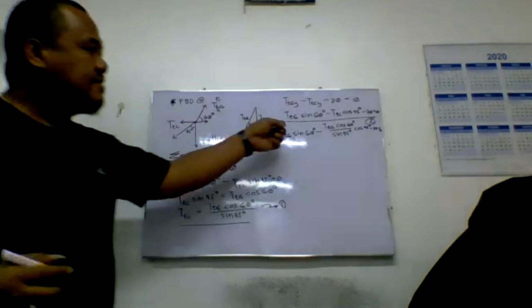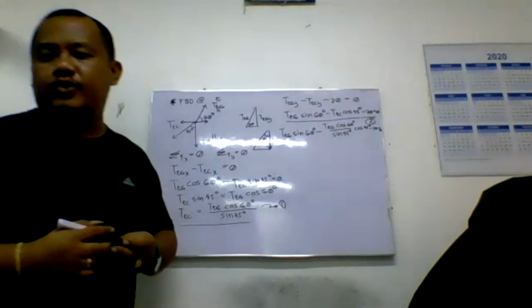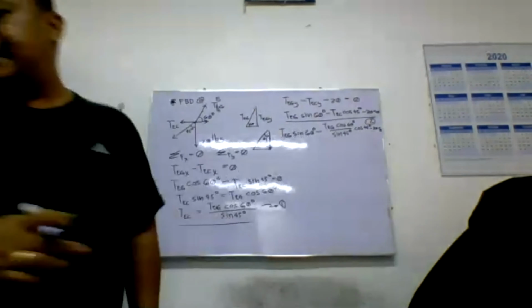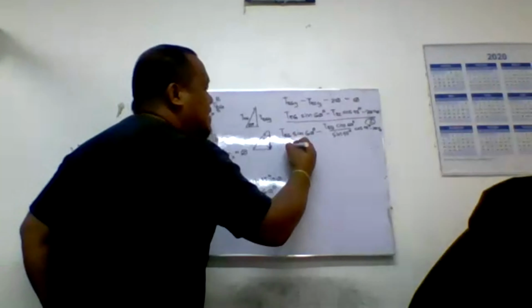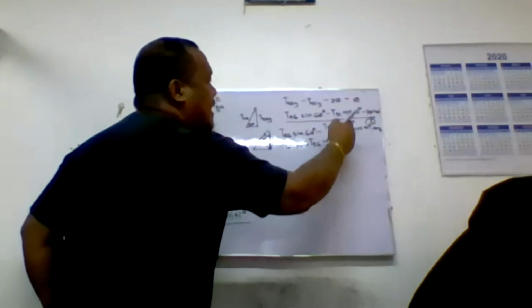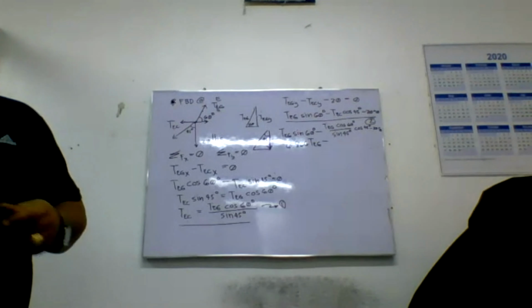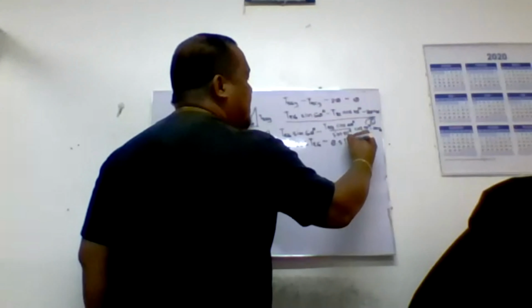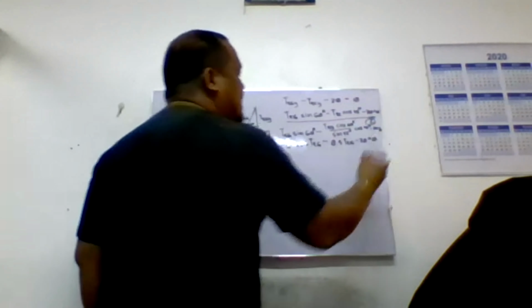After substituting, we see there is only one unknown left. Solving, T_EG sine of 60 is 0.866 T_EG. Cosine 60 divided by sine 45 times cosine 45 becomes 0.5. So 0.5 T_EG minus 20 is equal to 0.